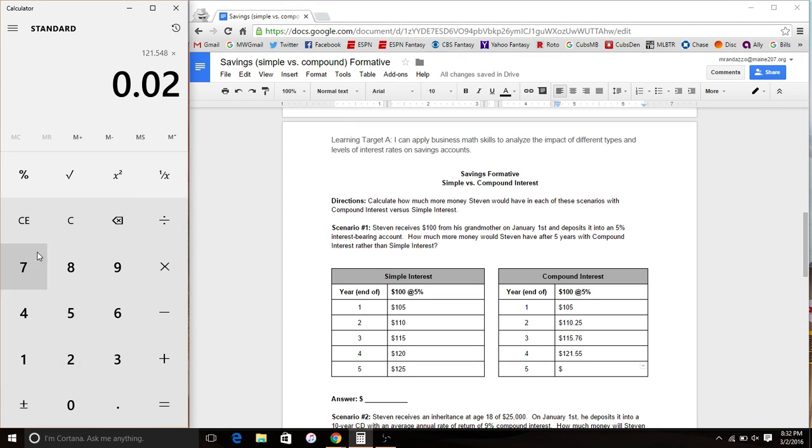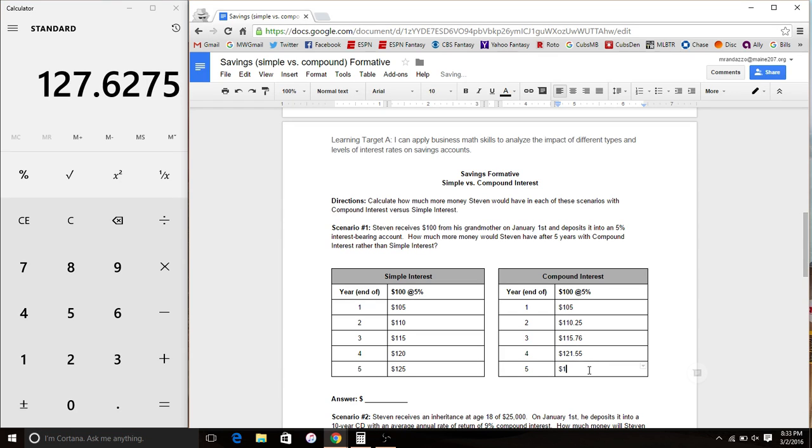Oh my god, I keep doing the 2. You get $6 now. Add that to the 121.55, and we get 127.63. Okay, so the question says, how much more money would Stephen have after 5 years using compound versus simple?